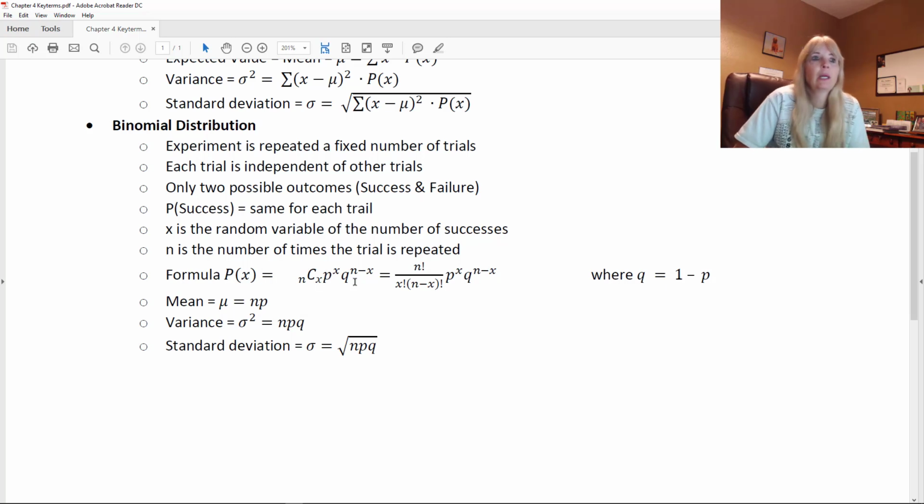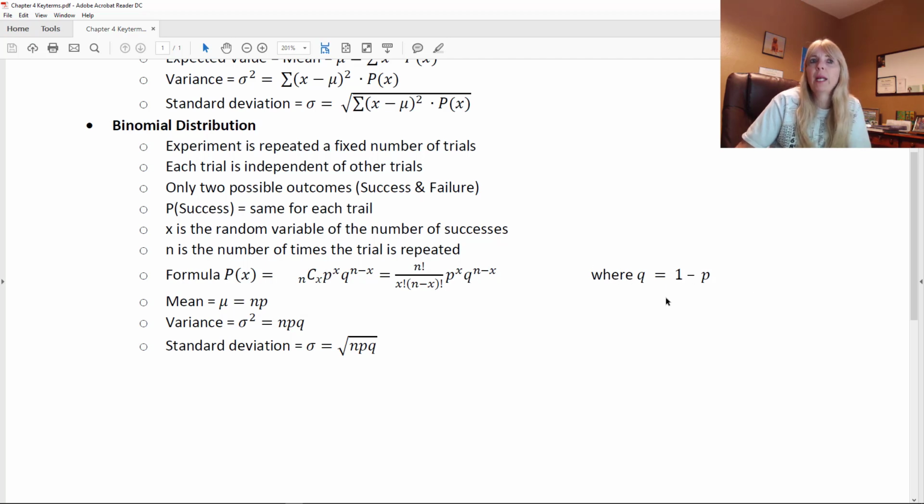This is the formula. You're going to see that there are some shortcuts of doing this. This piece should look familiar. That's from the last section, combinations. We just changed the R to an X. So the number of ways something can occur times the probability of success, P, raised to the number of successes, times Q, which is the probability of failure.